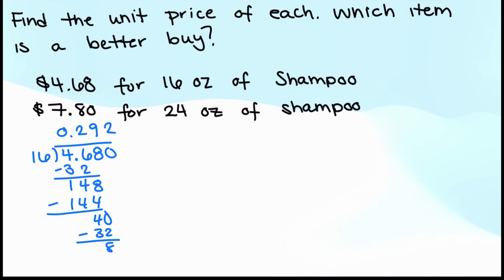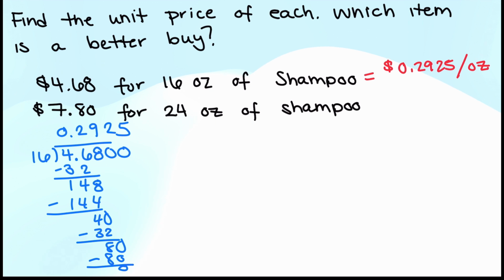Remainder of 8. Okay, we need one more 0. Bring it down. 16 goes into 80 exactly 5 times. So finally, no more remainder because 5 times 16 is 80. And so that's my unit price. My unit price is $0.2925 per ounce, or just a little more than 29 cents per ounce.